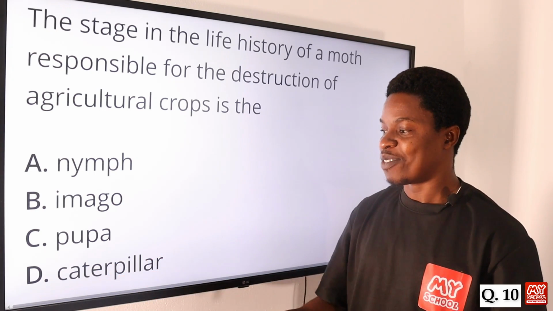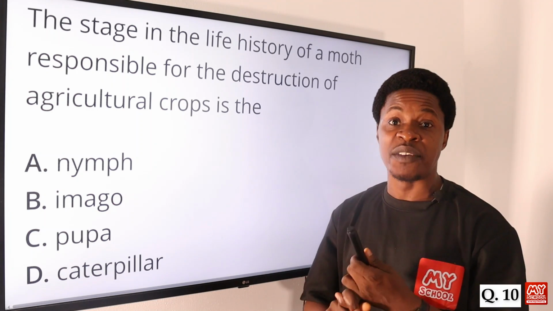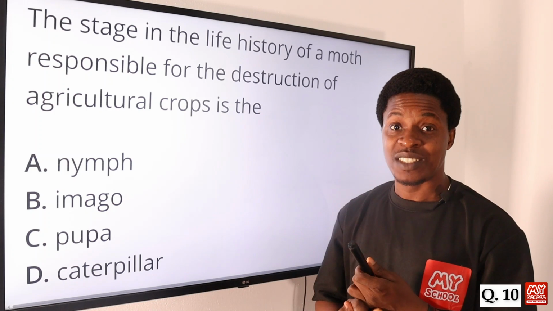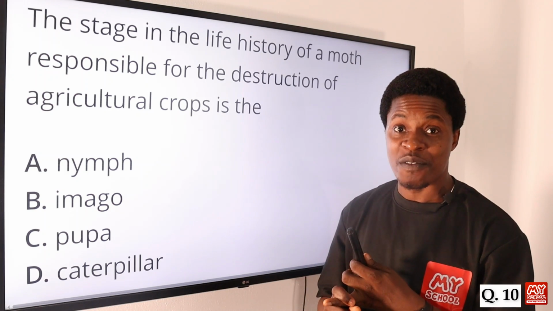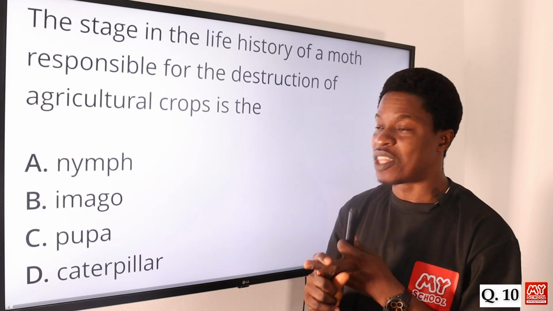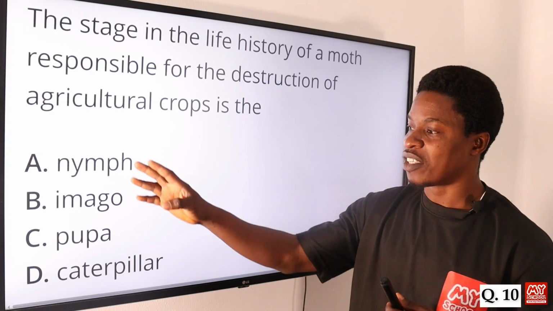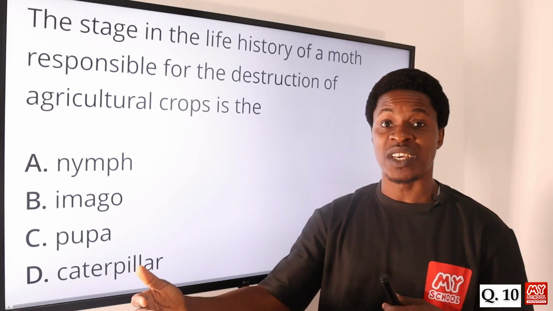Of course, we are familiar with the caterpillar, which usually feeds on the leaves of the plant. It eats them off, feeds on the stem, and feeds on the fruits of the plant. The caterpillar is the stage we call the larva stage of the insect.